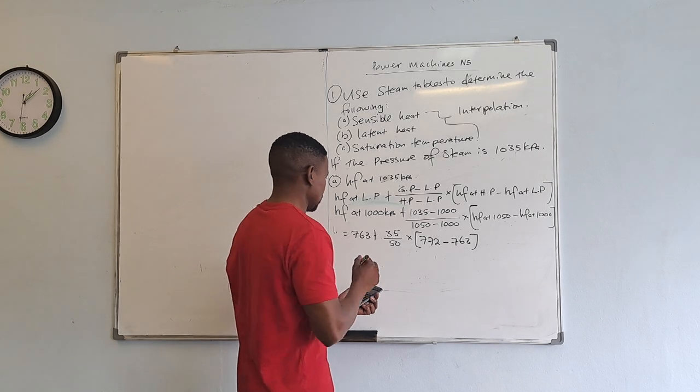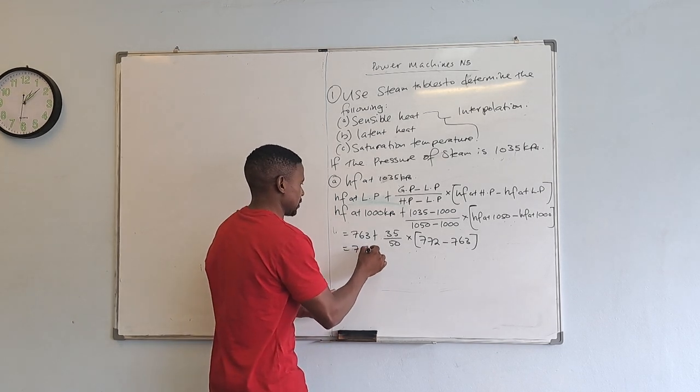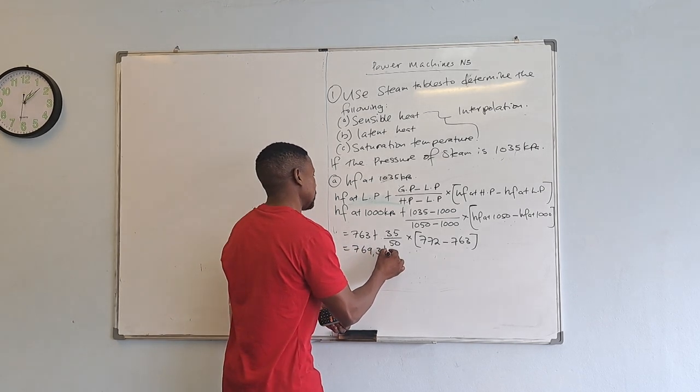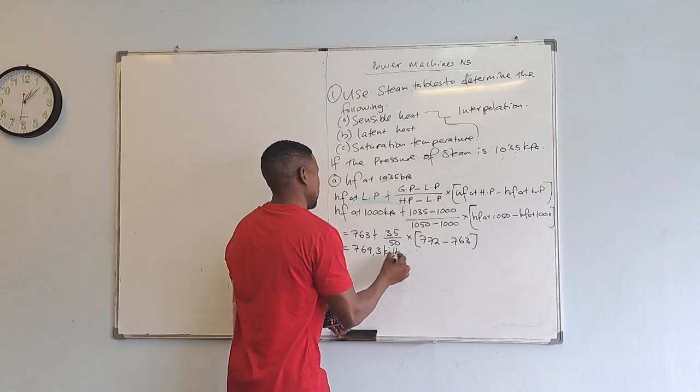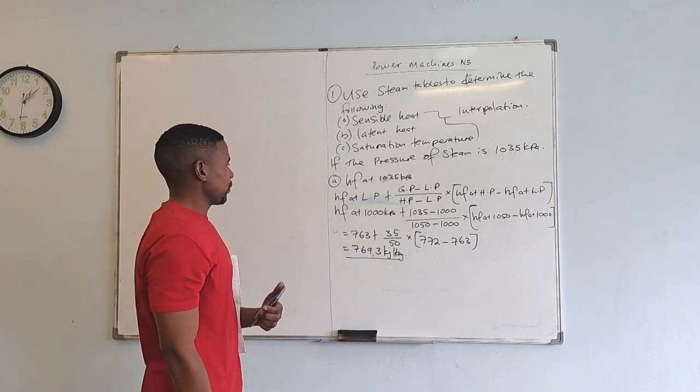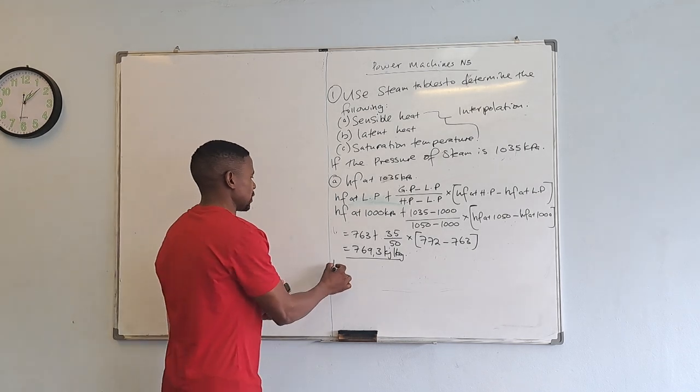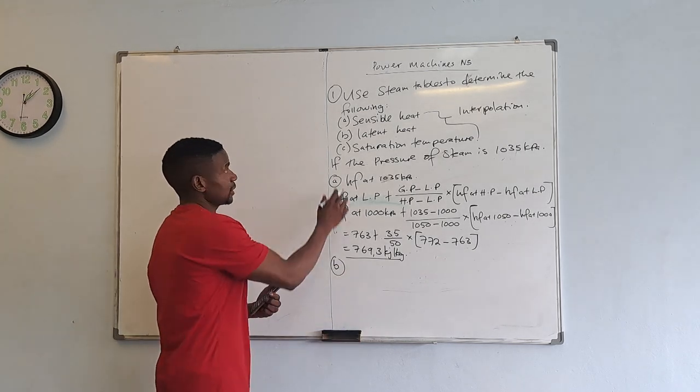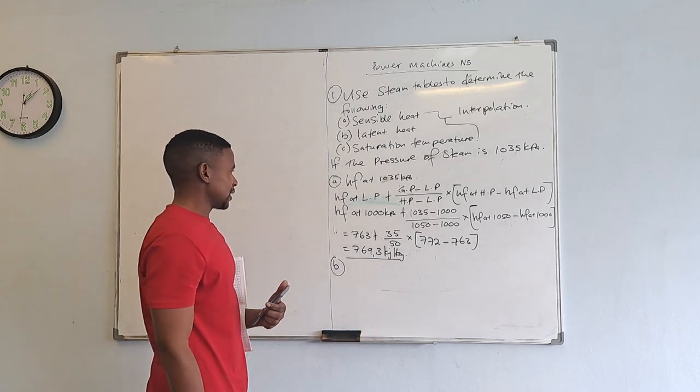So I'm getting my answer as 769.3 kilojoules per kg. So this becomes our sensible heat. Now on question number B, they want us to determine the latent heat.